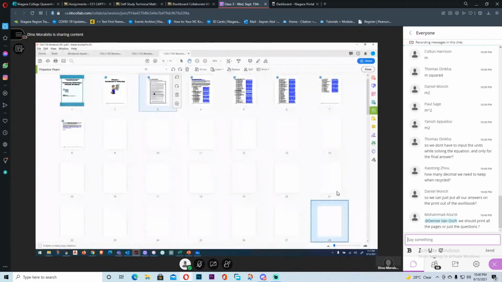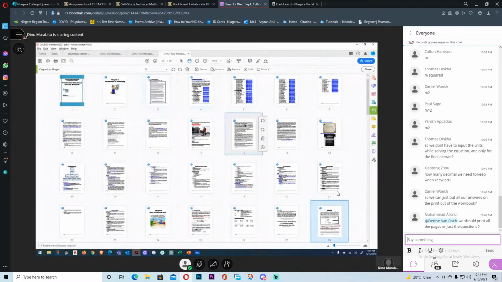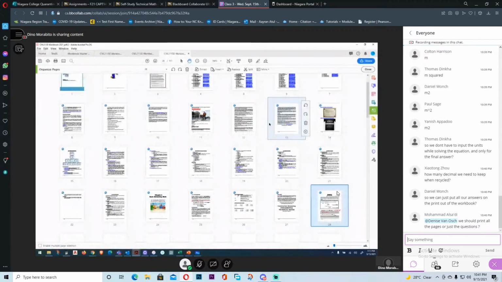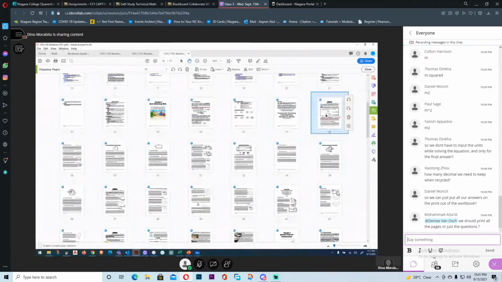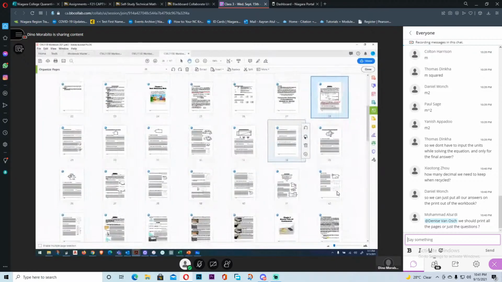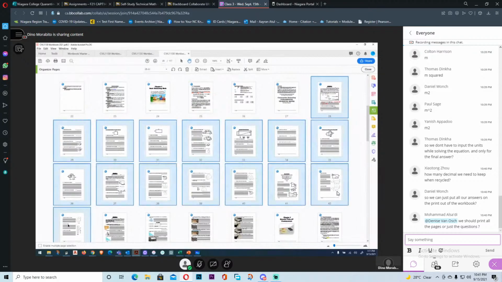When I click that, it's going to give me all the pages in the workbook. Now, what I can do is click from this page all the way up to this page, just hold down the shift button and it highlights all those pages. Okay. I get all those pages and I come up here and choose extract.